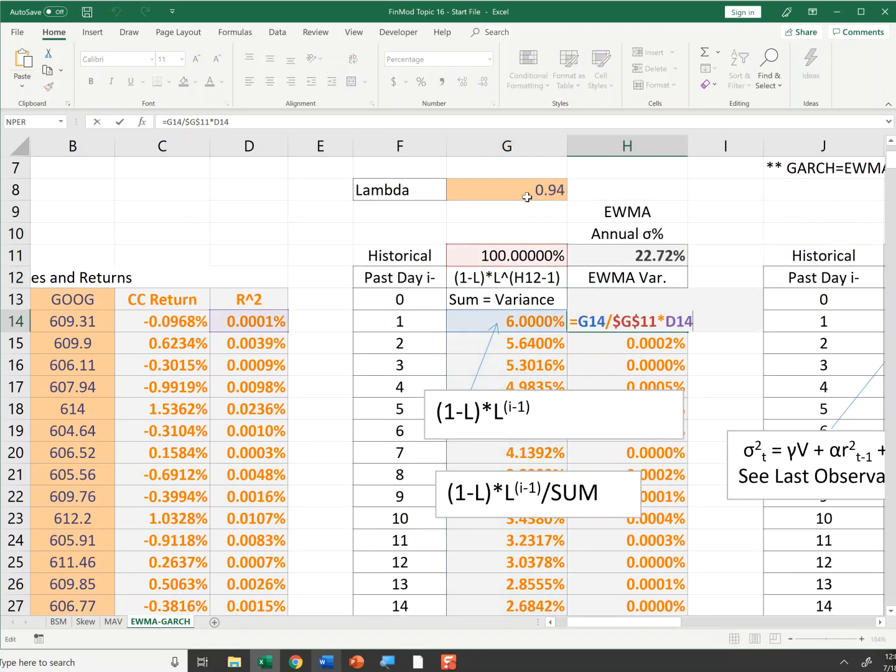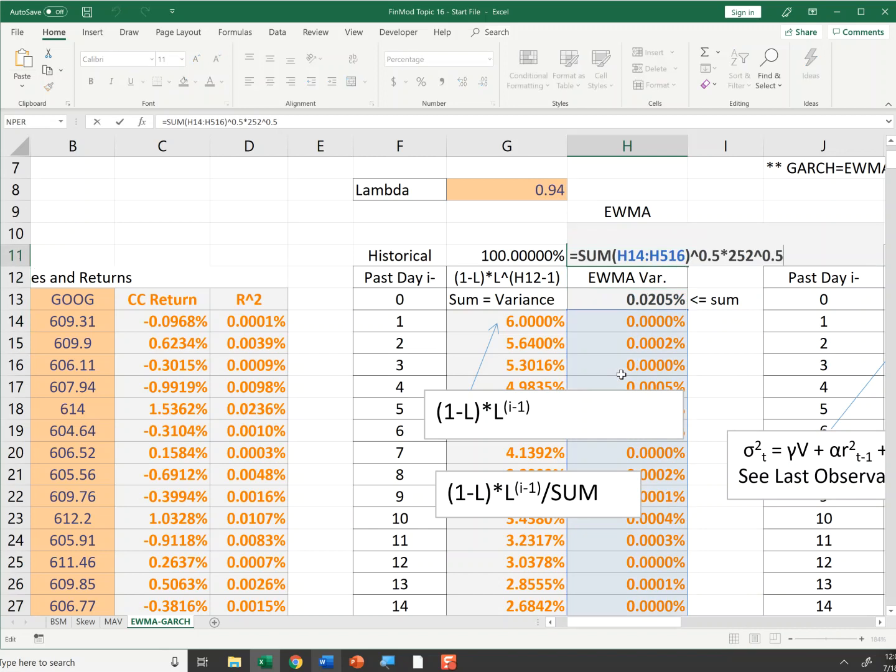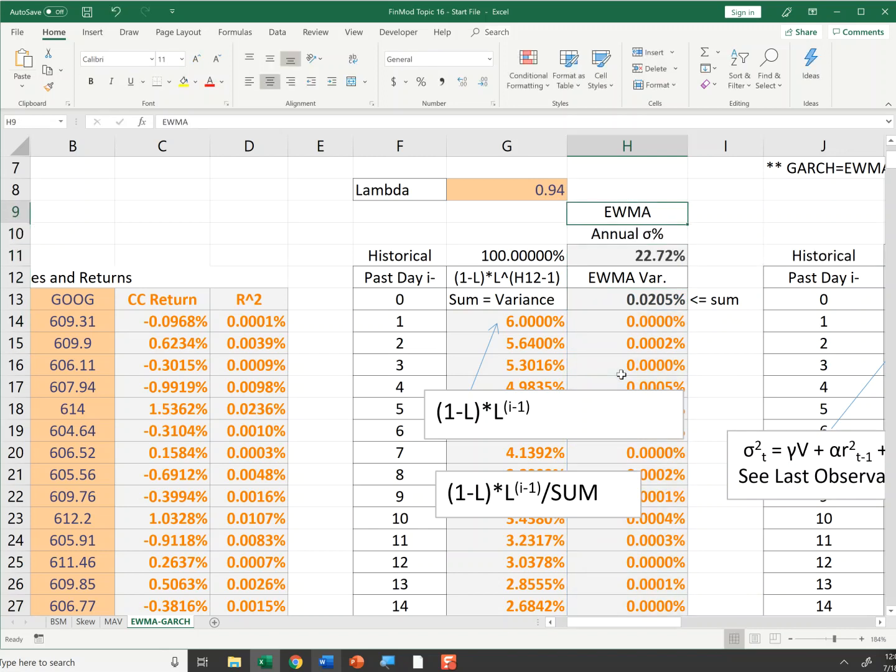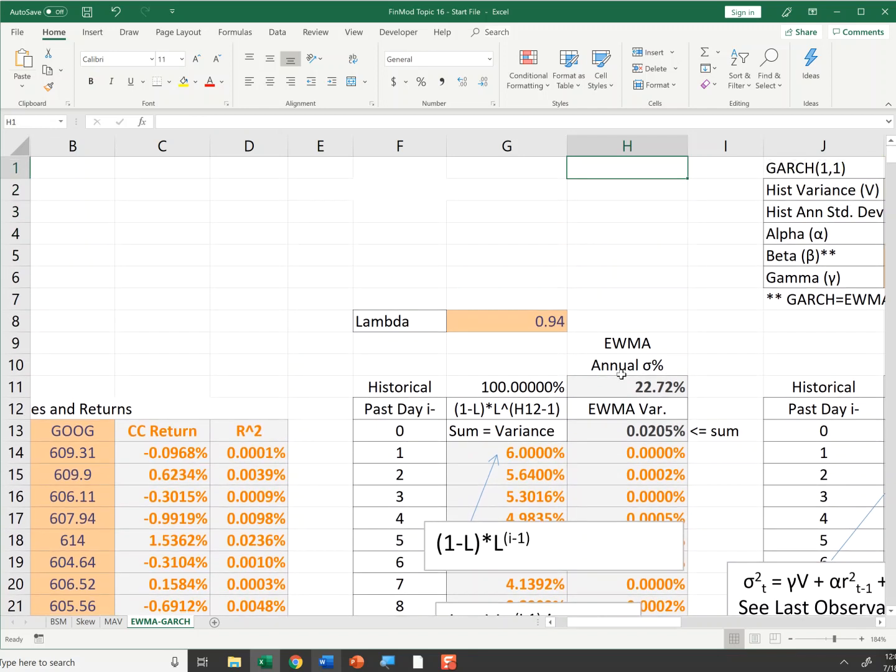And I would take my squared return times that weight over that sum. I sum all those values up, and that's the squared deviation from the mean using those weights. I then annualize that and turn it into a standard deviation. So my EWMA volatility is 22.72.